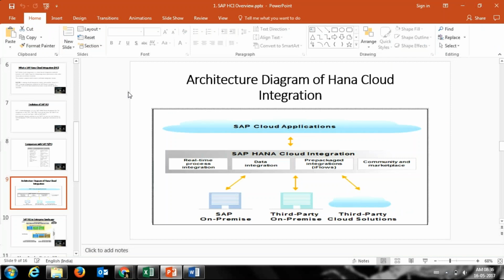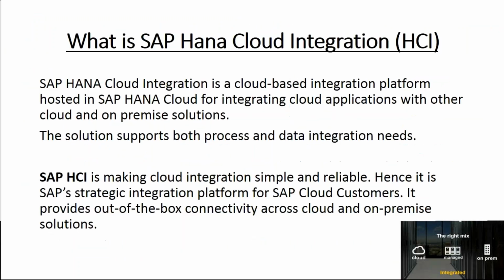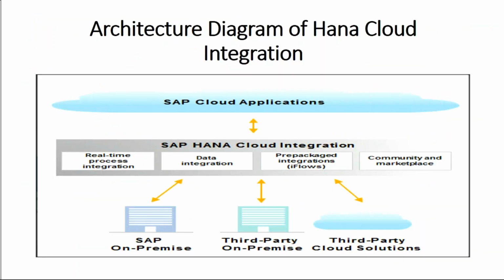So you have the pre-packaged content in the HCI, which I already told, you will see. Today or tomorrow, we will see in the Discover screen what exactly the Discover screen is. And you have the community and marketplace.